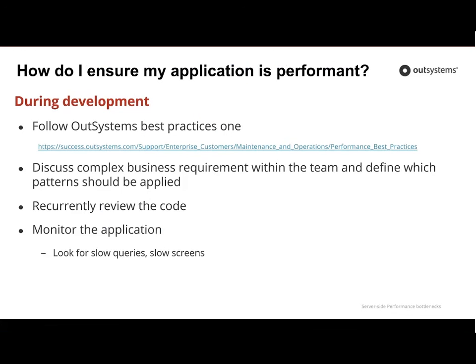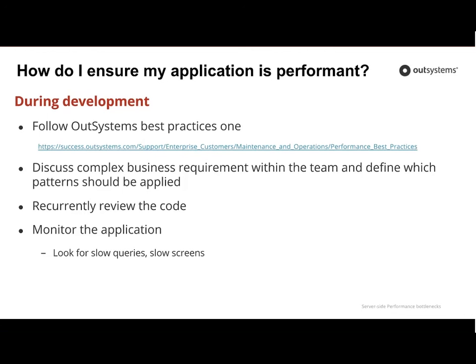Also, try to discuss with your teams the best way to implement a complex business logic. Sometimes it's not just building the code, it's building the code in a way that is going to add value to the user, but still making sure that the user is not going to complain afterwards that they have to wait so much time to get this information available.